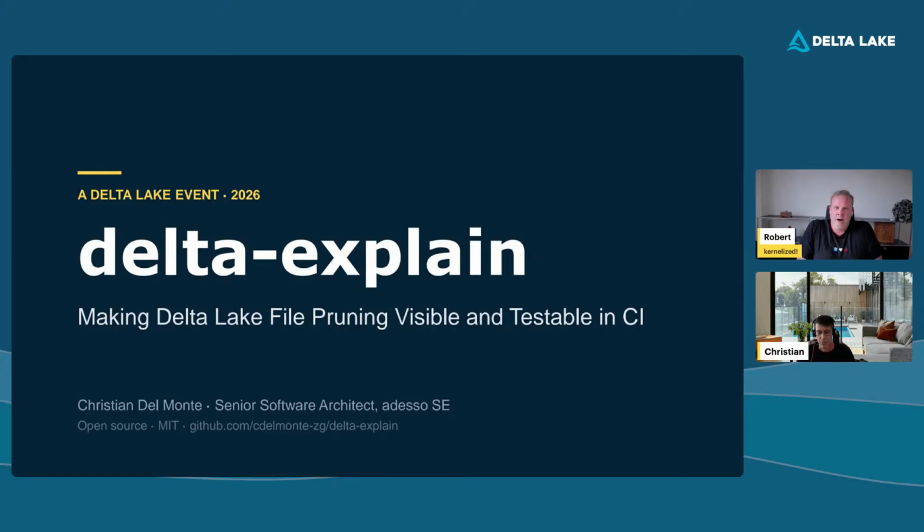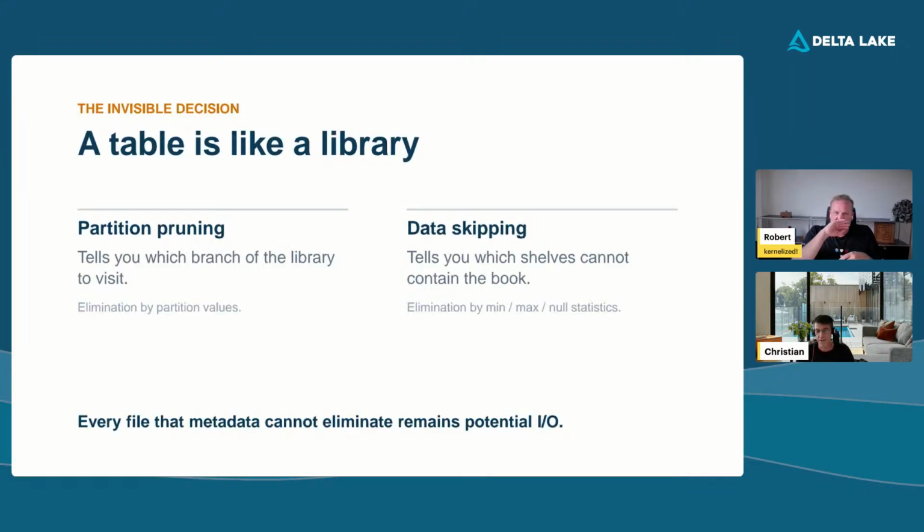Let's see what our first slide tells you. Here, there's a metaphor that I like a lot. Maybe it's not the most precise, but it gives a feeling of what happens. Imagine you are in a library and you want to find a book, I don't know, written in German, maybe by Goethe.